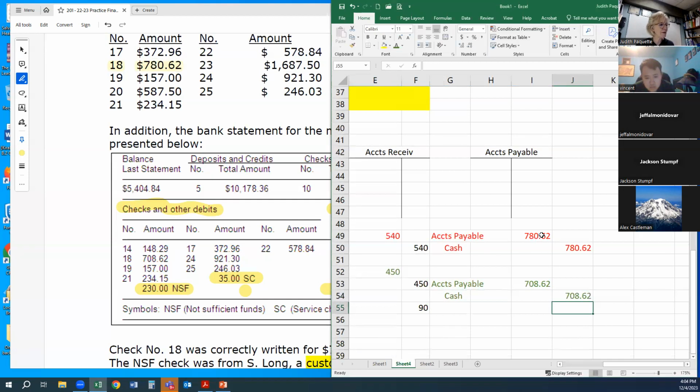How much is the error? Put it in the chat. It's 72. Great. So we deducted 780 from cash. We should have deducted 708. How do we correct it? Add or subtract?